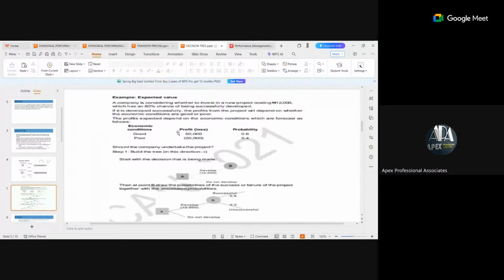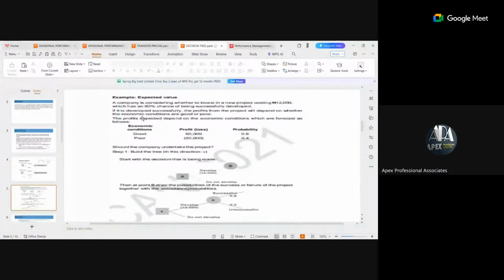You just follow. So we have this example, expected value: a company is considering whether to invest in a new project costing 12,000 naira, which has an 80% chance of being successfully developed. It means the chance of it being unsuccessful is 20%.